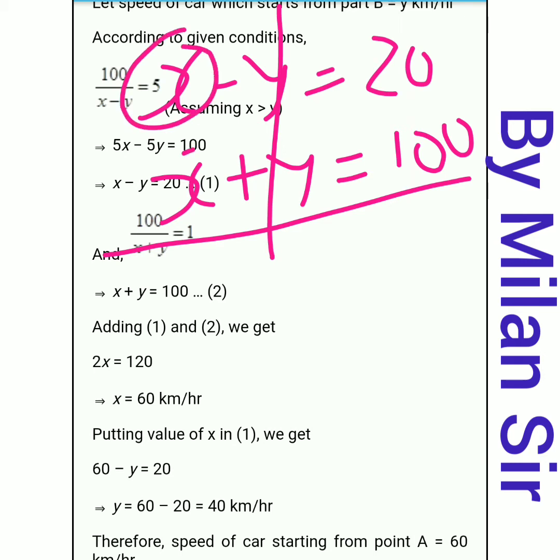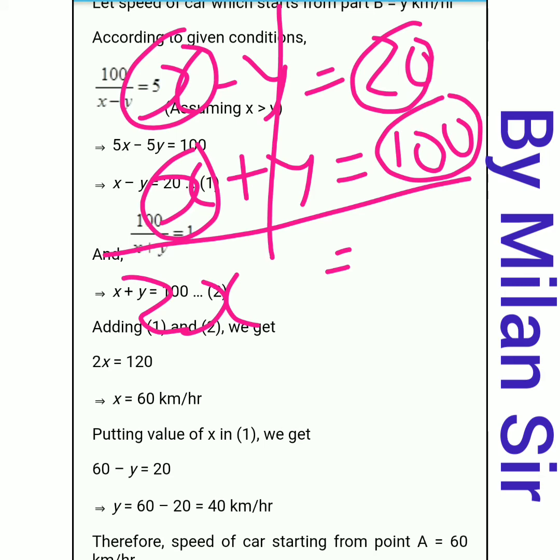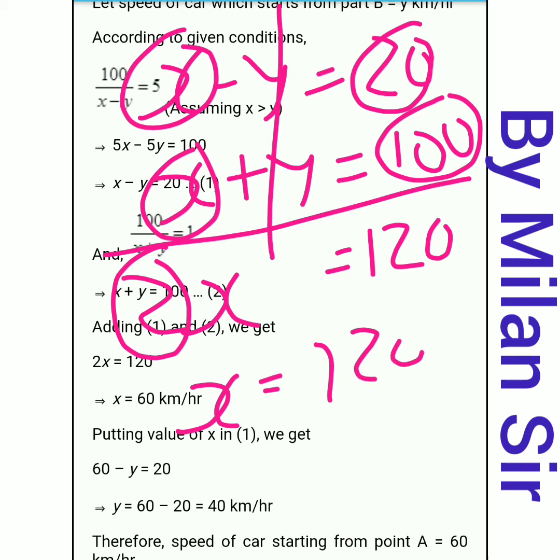Now here x plus x, 1x plus 1x, it is 2x, and on the right hand side 20 plus 100, it is 120, right? Now transfer this 2 to the right hand side, it goes to the denominator, right? So 120 divided by 2. So x is equal to 120 divided by 2, it is 60. So x is equal to 60.